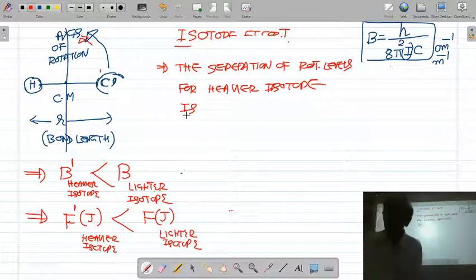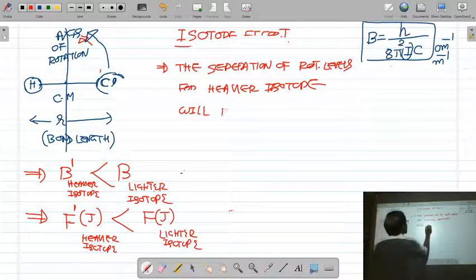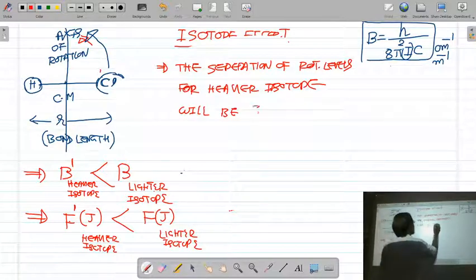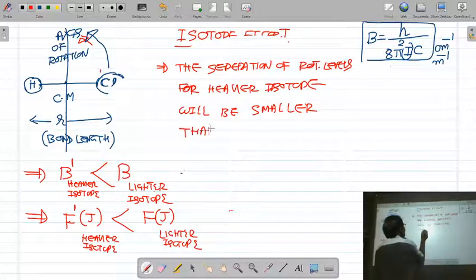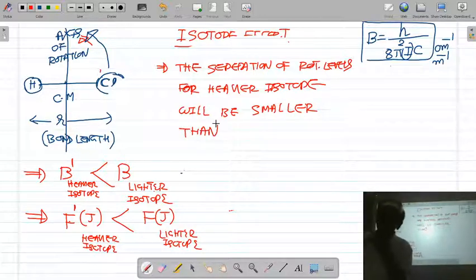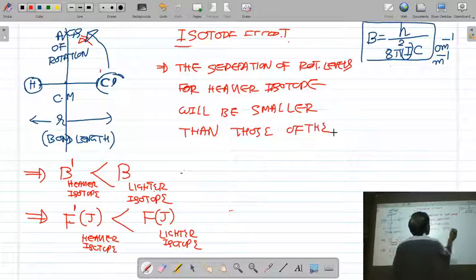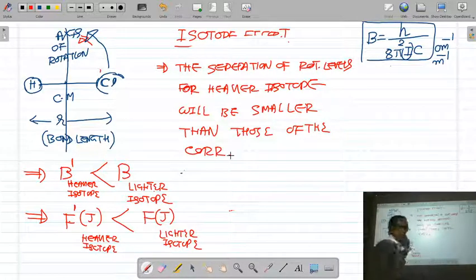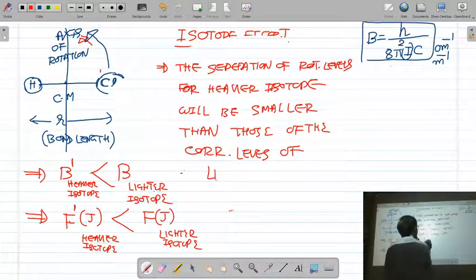So the separation of rotational levels for the heavier isotope will be smaller than the separation of rotational levels for the lighter isotope. Separation of rotational levels for the heavier isotope will be smaller than those of the corresponding levels of the lighter isotope.